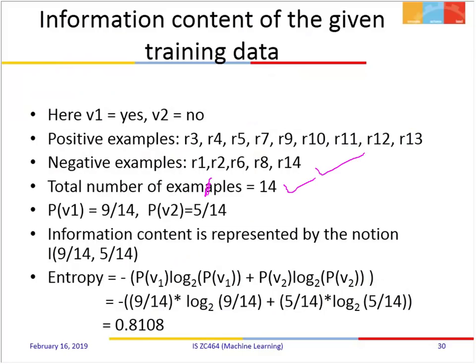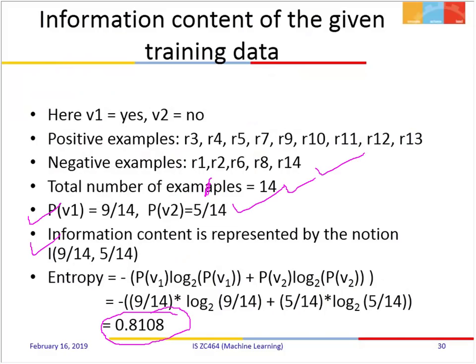PV1 is 9 by 14 and PV2 is 5 by 14, right? It is about the target class. So information content is represented by 9 by 14 and 5 by 14. So the total information content in this set is still 0.8. That means this set is not sufficient to give us full information.